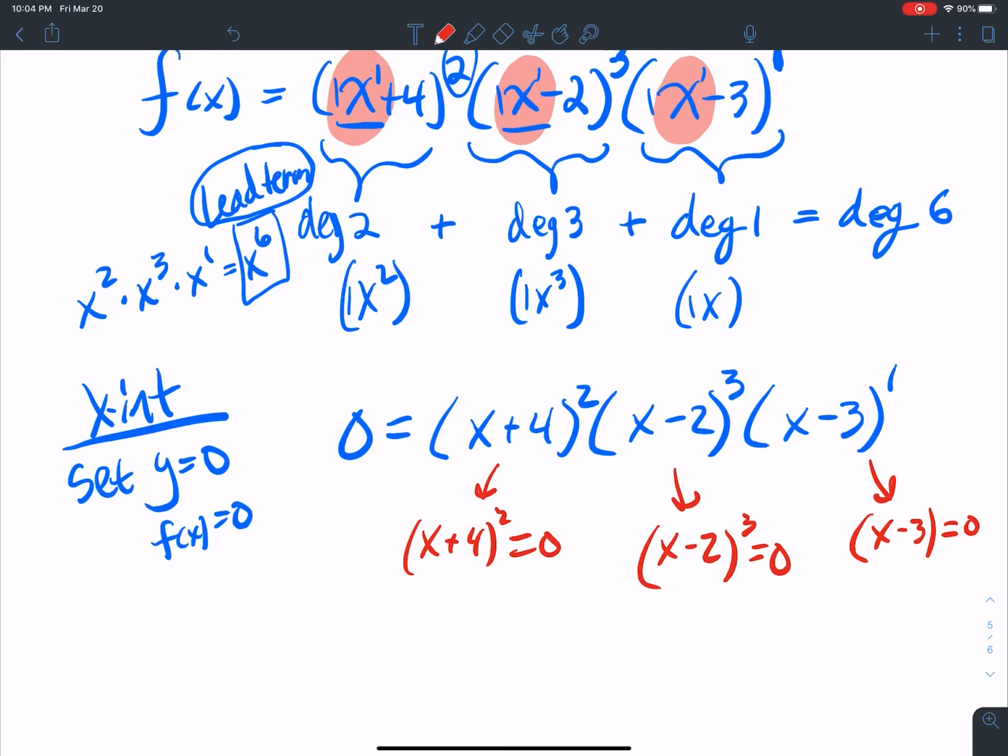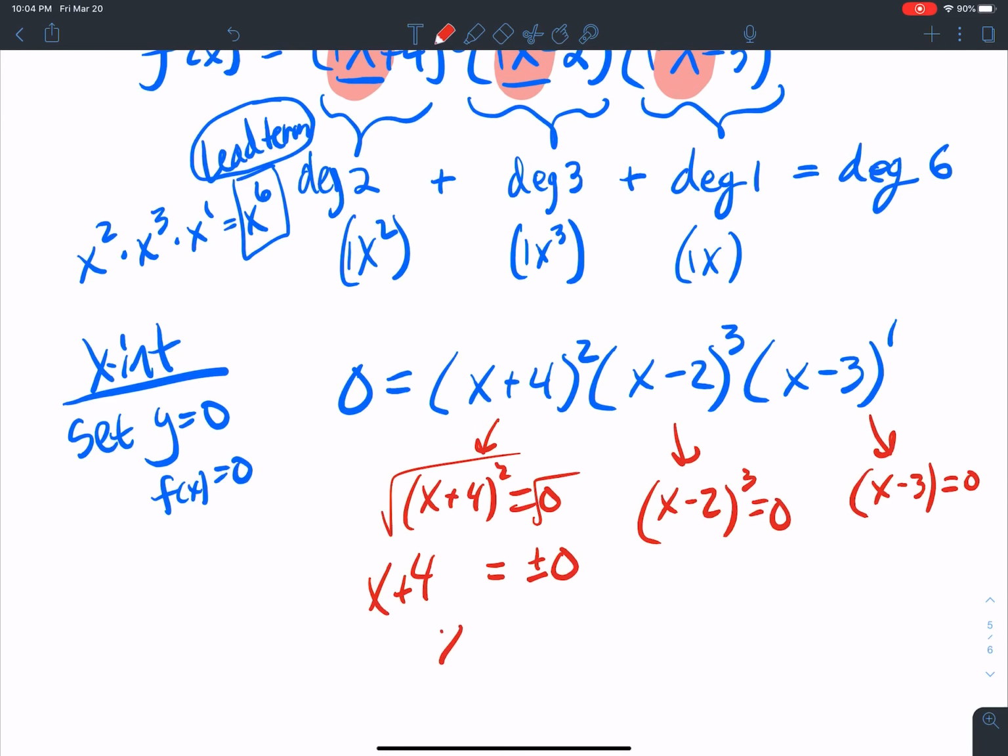How do I get rid of the square? I take the square root of both sides, but when I square root, I get a plus or minus. But the plus or minus 0 doesn't really do anything. When you have a negative 0, it's still 0. So x plus 4 equals 0.